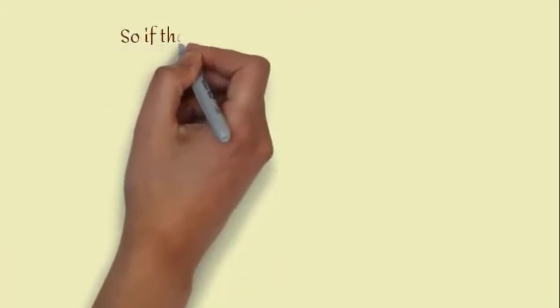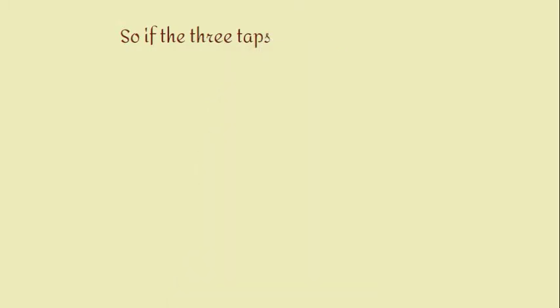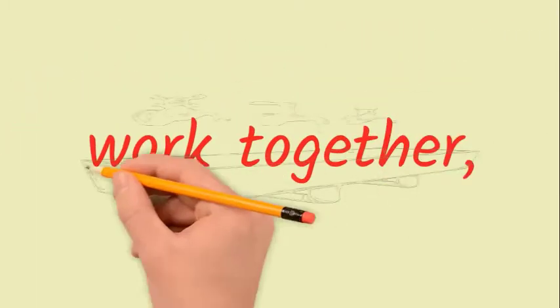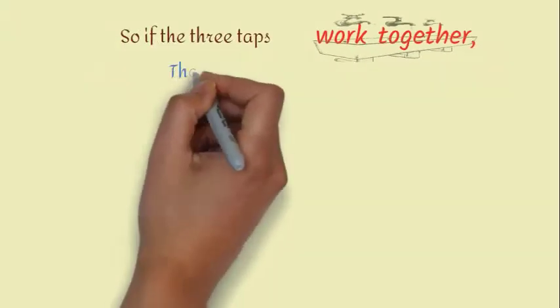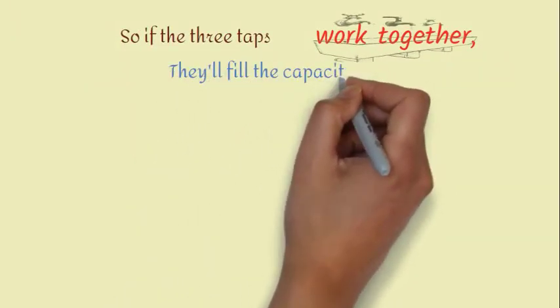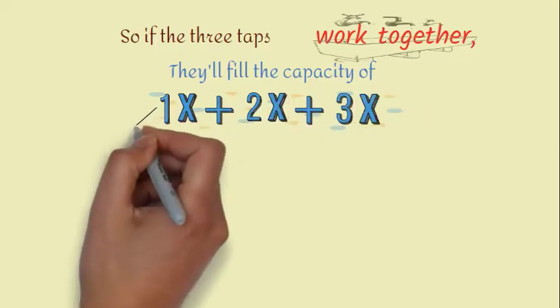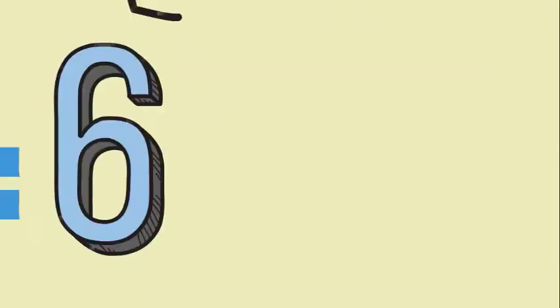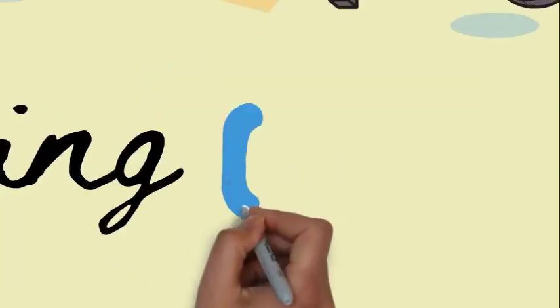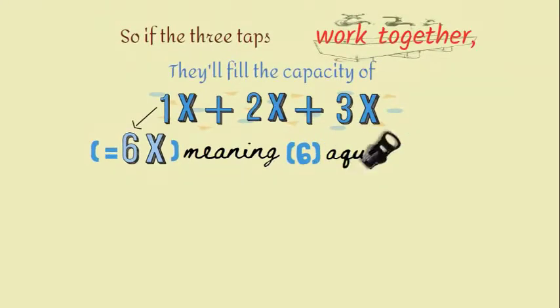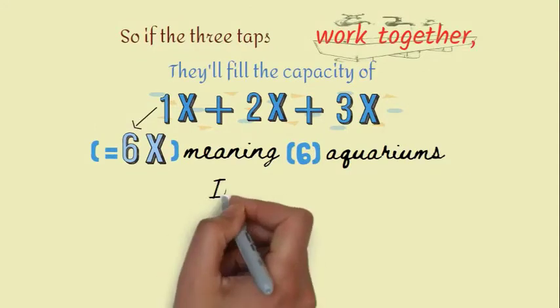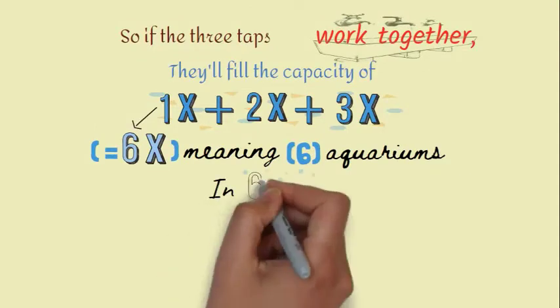So if the 3 taps work together, they will fill the capacity of 1x of the first tap plus 2x of the second tap plus 3x of the third tap, which means 6x, 6 aquariums in 6 hours.